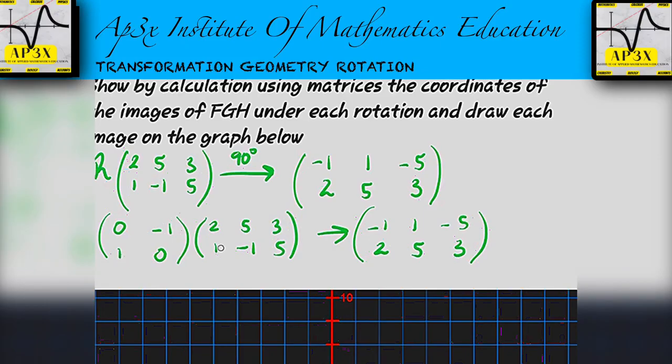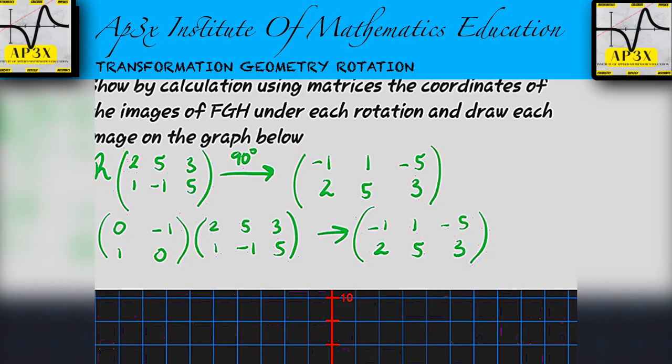And 1 times 2 is 2, plus 0 times 1 is 0, so 2 plus 0 is 2. 1 times 5 is 5, plus 0 times negative 1 is 0, so 5 plus 0 is 5. Again, 1 times 3 is 3, plus 0 times 5 is 0, so 3 plus 0 is 3.